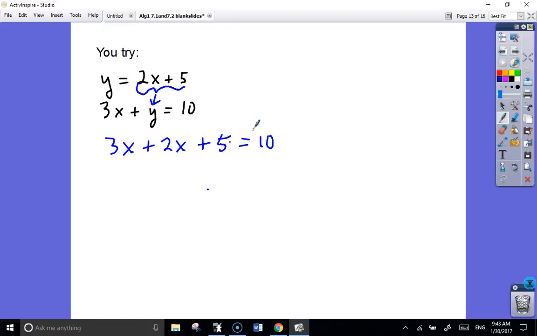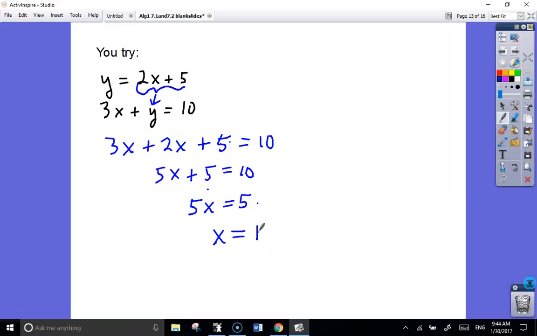It's just that in the end, the parentheses aren't doing anything for you there, and maybe it's stopping you from combining like terms. So 3x plus 2x is 5x. Subtract 5. Divide by 5. Now how am I going to find the y?